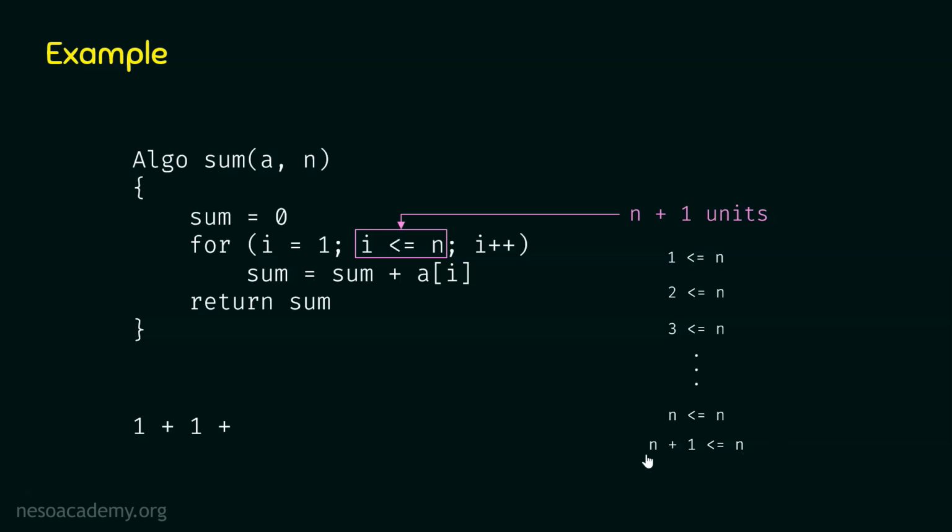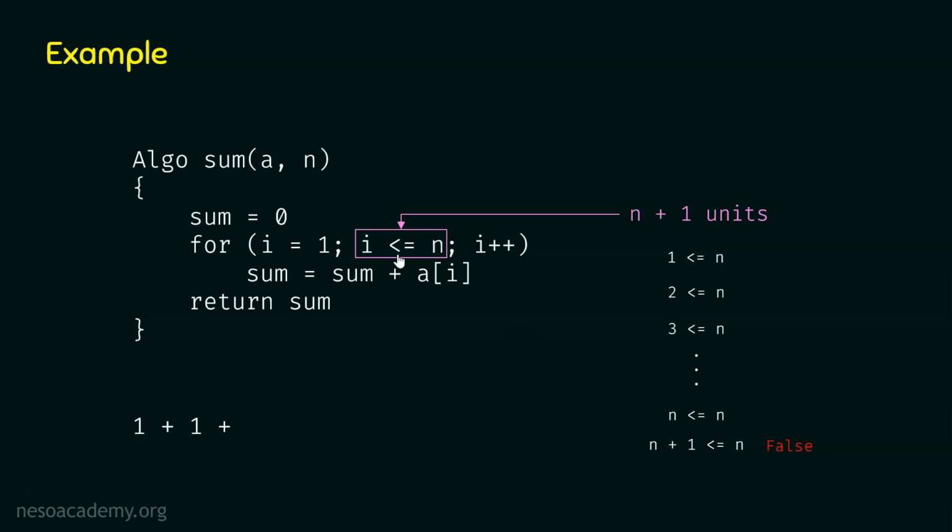Can we say n plus 1 is less than or equal to n? No, right? N plus 1 is not less than or equal to n. It is greater than n. Therefore, at this point, this condition becomes false. Hence, we will go outside this loop. We are done with this loop at this point.